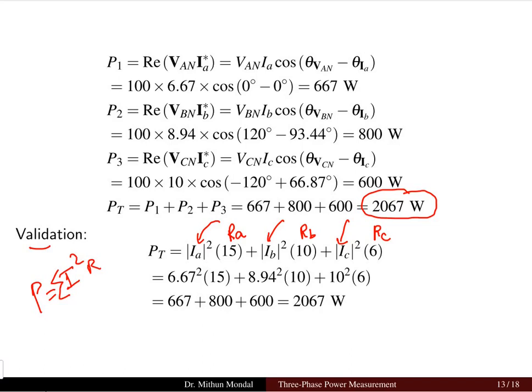We can estimate that the total power, again we are getting 2067 watt, which is similar to what we have got by the 3-wattmeter method. So if the currents and the values of the resistances are given, we can easily estimate the power from I square R. If the voltage and the current are mentioned, then we can estimate by the 3-wattmeter method.